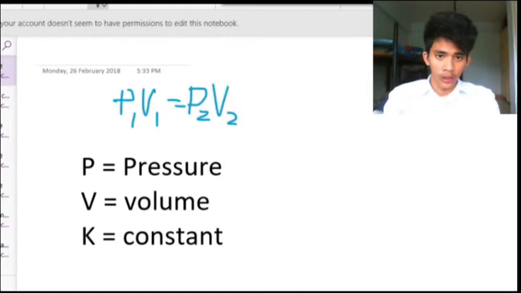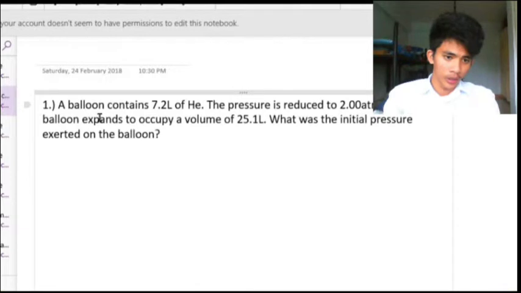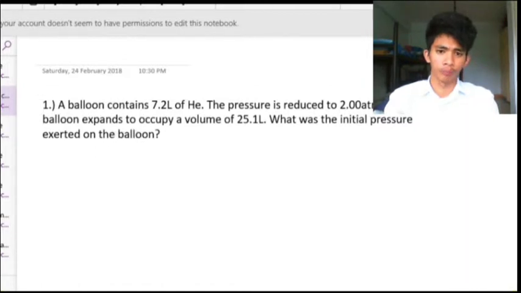So let's try a problem. A balloon contains 7.2 liters of helium. The pressure is reduced to 2 atmosphere and the balloon expands to occupy a volume of 25.1 liters. What was the initial pressure exerted on the volume?